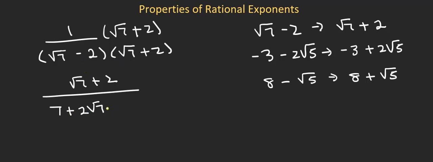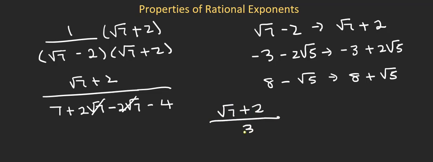What's negative 2 times radical 7? Negative 2 radical 7. Negative 2 times positive 2? Negative 4. What happens to the middle terms? They're opposites, so when you add them up, they cancel out. So you end up getting radical 7 plus 2 all over 3. And that's your final answer.